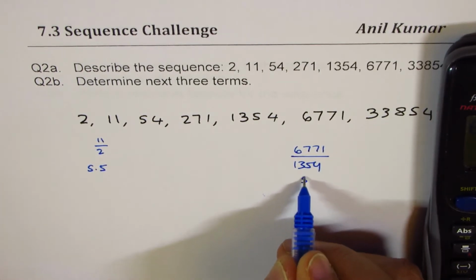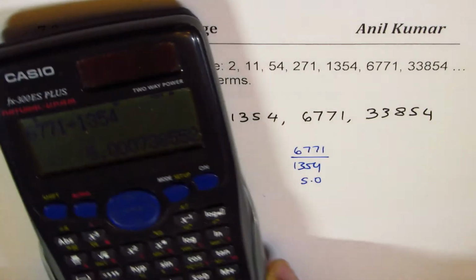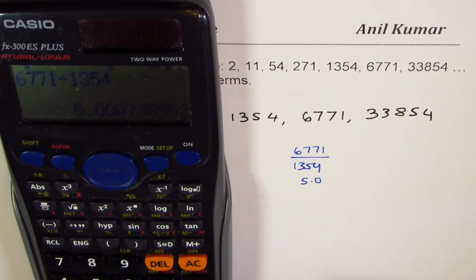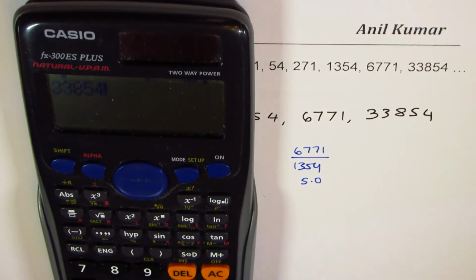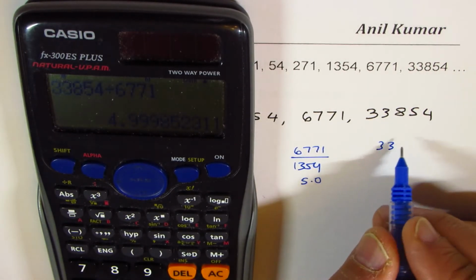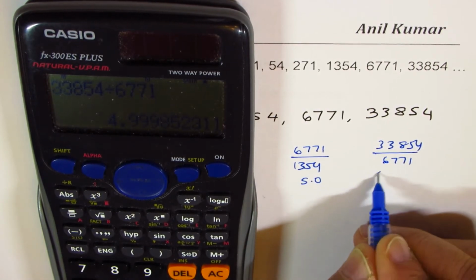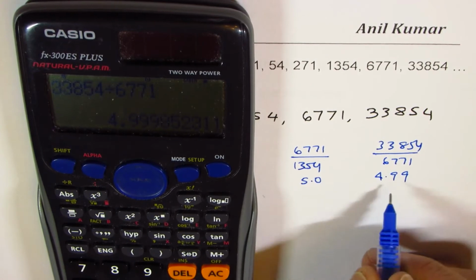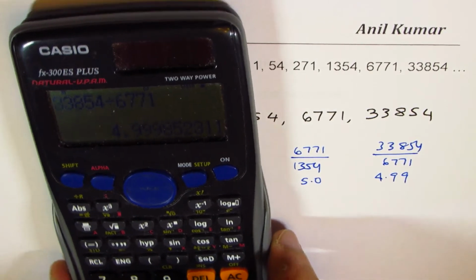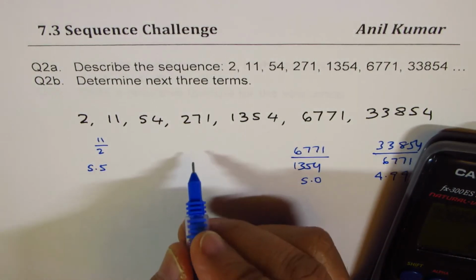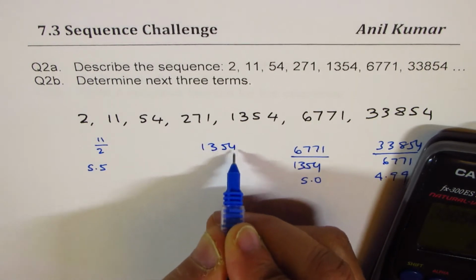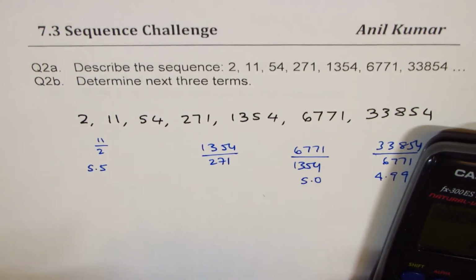So this is 5. Okay, very good. Now let's try this number. So it is 33854 divided by 6771 equals 4.99. So when I divide 33854 by 6771, I get 4.99, which is closer but not 5. Okay. Let me try this one. That is dividing 1354 by 271. What do I get?